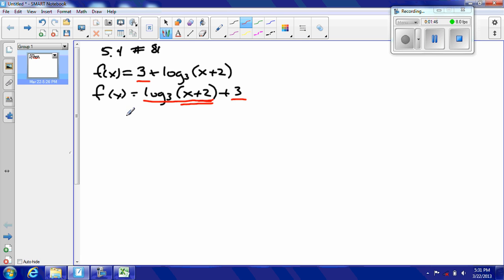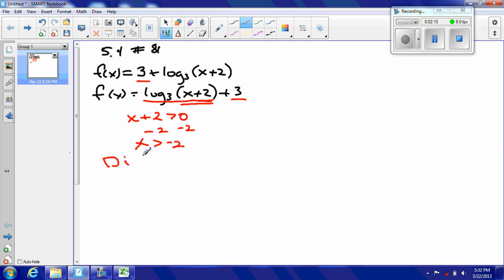So I'm going to set x plus 2 greater than 0, and then solve for it. Subtract 2 on both sides, so x has to be greater than negative 2. So my domain of this function is, I'm sorry, I'm using a tablet and it's kind of clumsy.